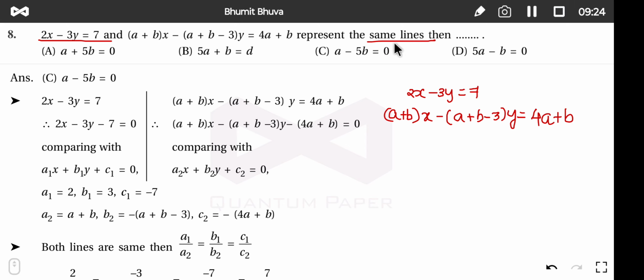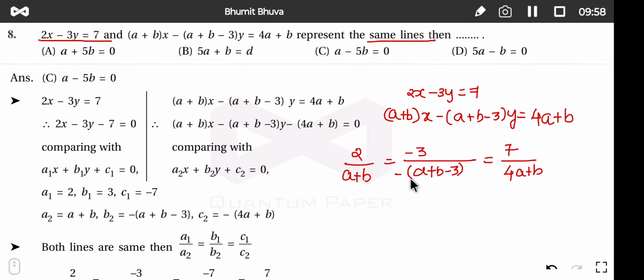They represent the same lines, which means they are coincident, which means infinite solutions. In this case all the ratios are equal, so we'll write the ratio. 2 upon a plus b is equal to minus 3 upon minus of a plus b minus 3, and is equal to the third ratio, 7 upon 4a plus b.